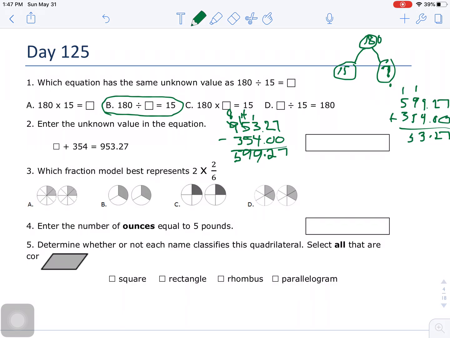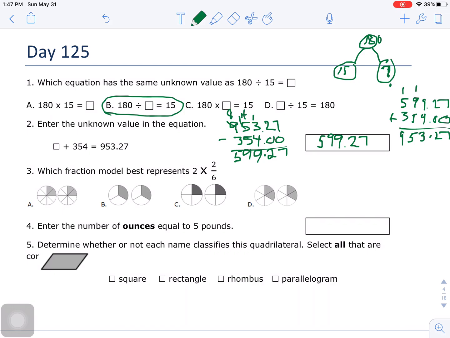And 1, 5, and 3. And I end up with what I started with, my original sum. So make sure that you write the correct value in the box. There we go, 599 and 27 hundredths.